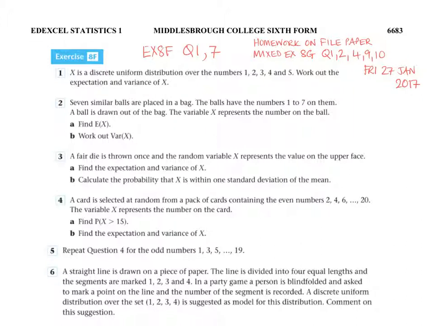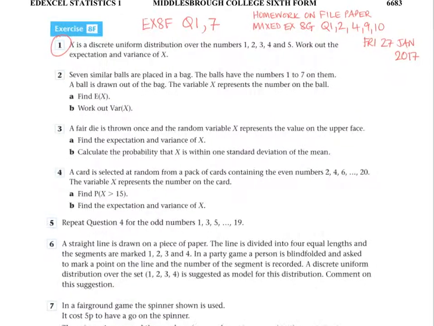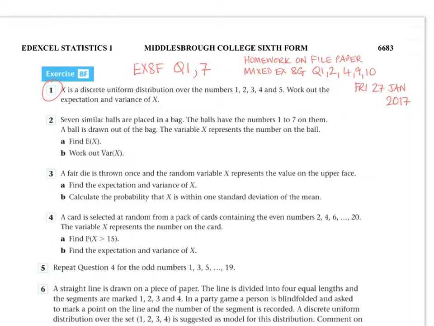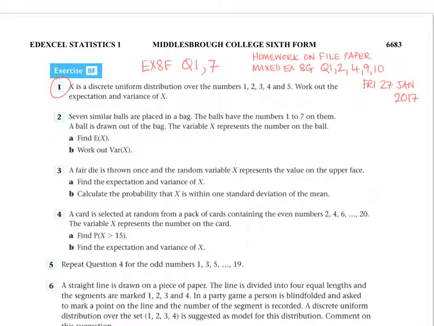So that's a week today. And the two questions that I want you to do just now are 1 and 7. So 1 and 7. And then take note of the other questions there.